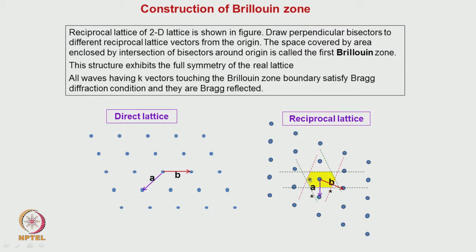So this defines an area. This boundary is called the Brillouin zone boundary. Once the wavelength of the radiation is fixed, and we have a reciprocal lattice, we know these are all the k vectors which will be touching the Brillouin zone boundary. Only those vectors will give rise to a diffraction peak.